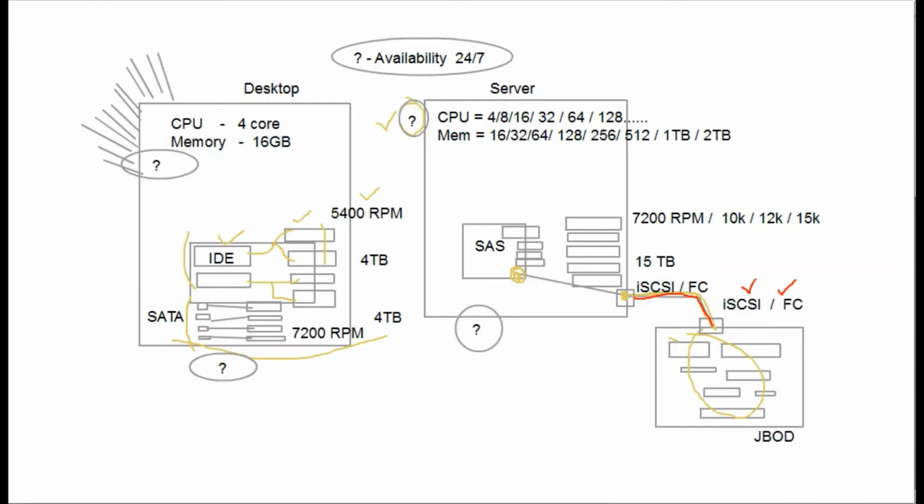So extra disks I'm connecting through separate, additional controllers for my storage box using iSCSI or FC. iSCSI gives me around 12 gigabit speed, that is bits per second, and FC can give you up to 16 gigabits, bits, not bytes again, it is bits per second. So iSCSI and FC.